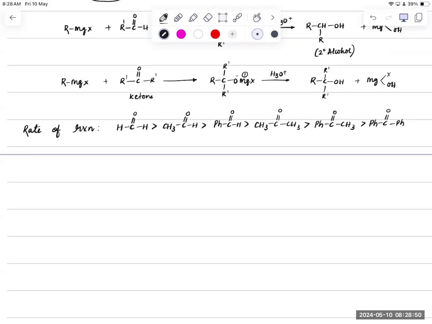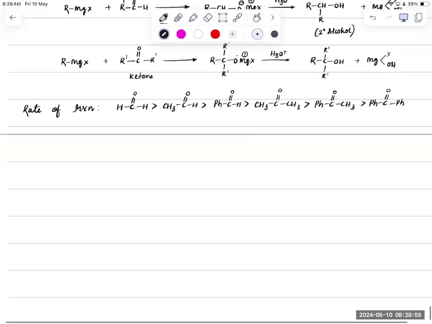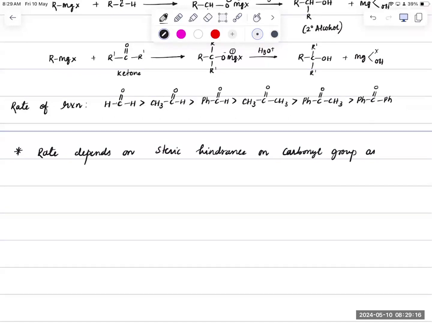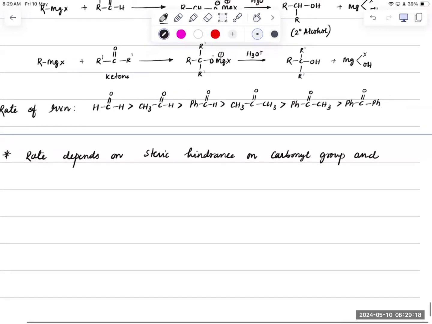So rate of reaction mainly depends upon how much steric crowding it has, right? So rate depends on steric hindrance on the carbonyl group, plus electronic effects.